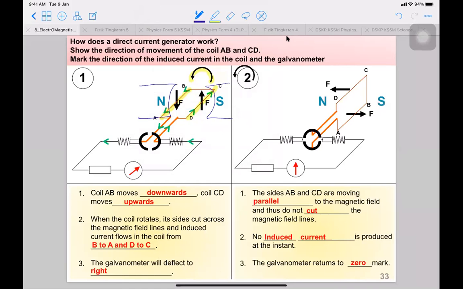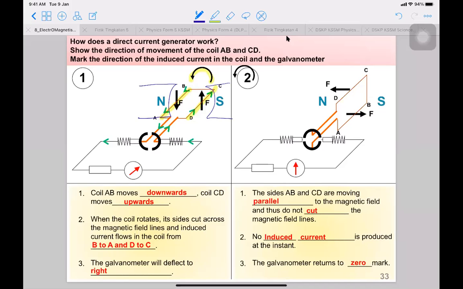And then your thumb is showing the direction of movement, which is anti-clockwise. Sama ada dia pergi up ataupun down. Ngam kah? Cek dulu. Itu dia punya diagram.